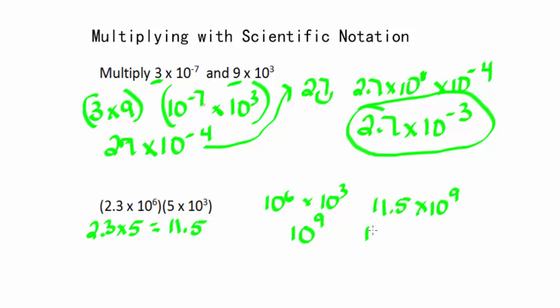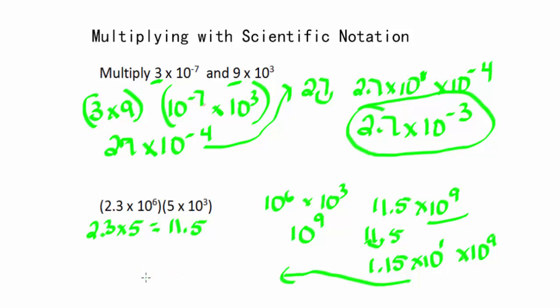Okay, so we have to make 11.5. We move it to the left 1 again, so it'd be 1.15 times 10 to the 1st times 10 to the 9th right here. So we have, going back, 1.15 times 10 to the 10th. And there you go.